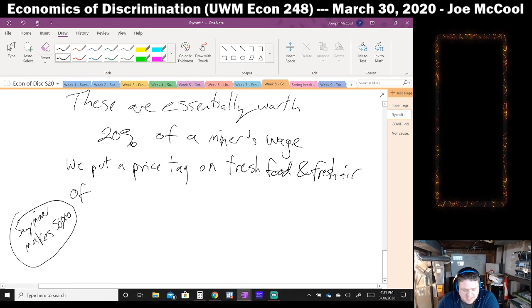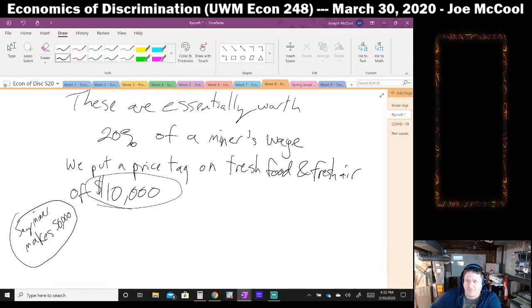We're putting a price tag of fresh food and fresh air for the year of $10,000. This is how much a worker is willing to pay in order to have fresh food and fresh air, and not get black lung and be in the dark all the time and all that noise.